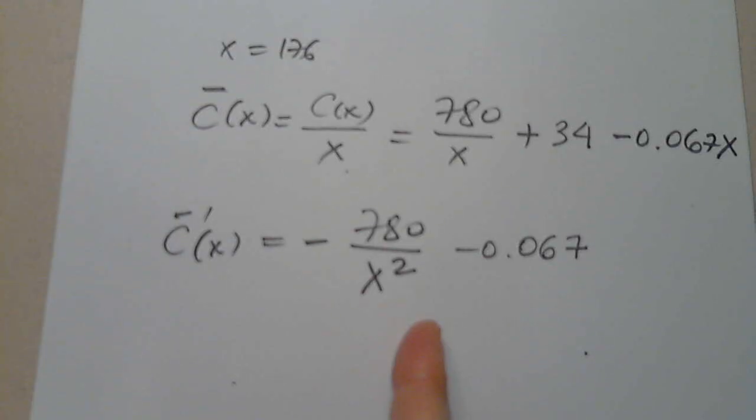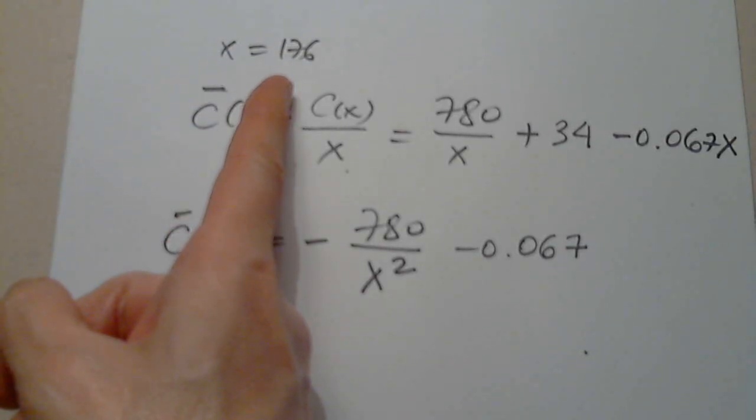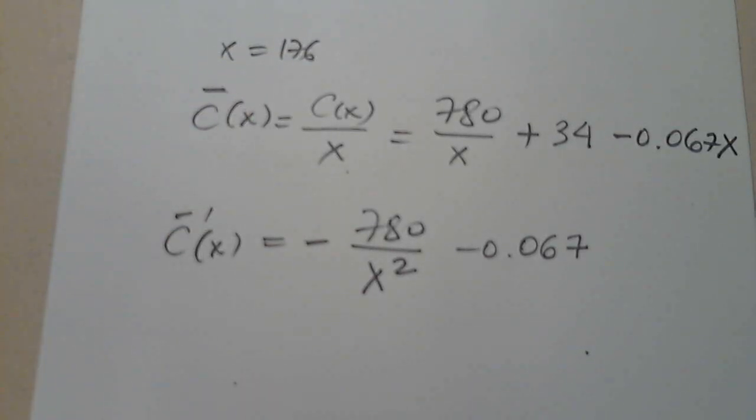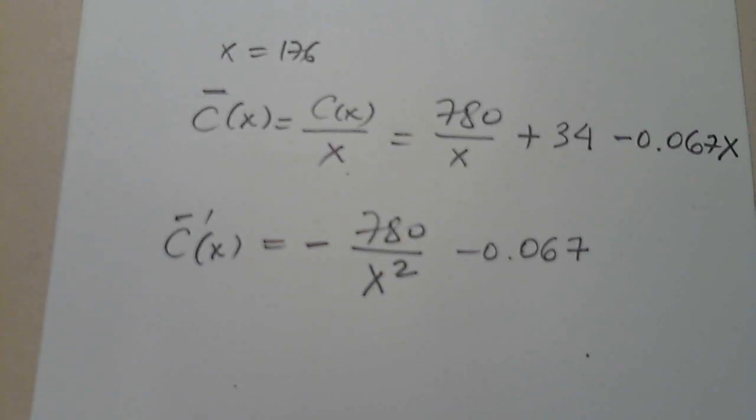Put this function in the graphing calculator and plug in 176. That's all we need. So in y equals, clear. So negative 780 divided by x squared, and then minus 0.067. That's it. And second, in table, 176.